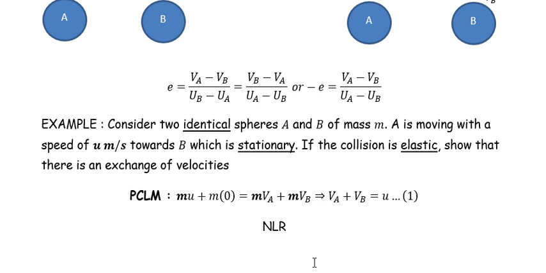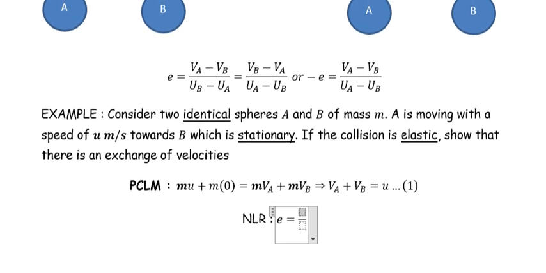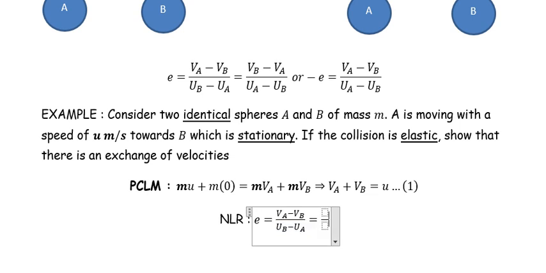Newton's law of restitution tells us that the coefficient of restitution between the spheres is the ratio of the velocity of separation, which is VA minus VB, divided by what? UB minus UA. Now my UB is 0 because B was at rest initially, and my UA is just u. In the numerator, I have VA minus VB.